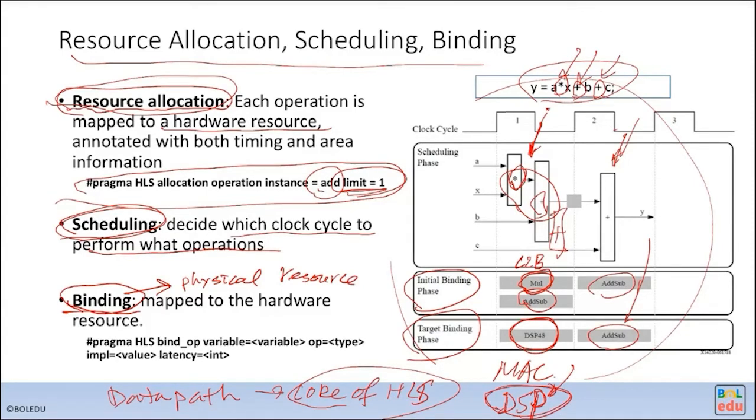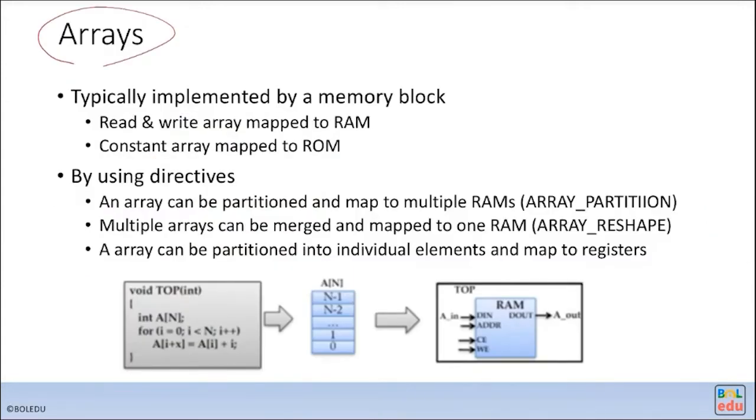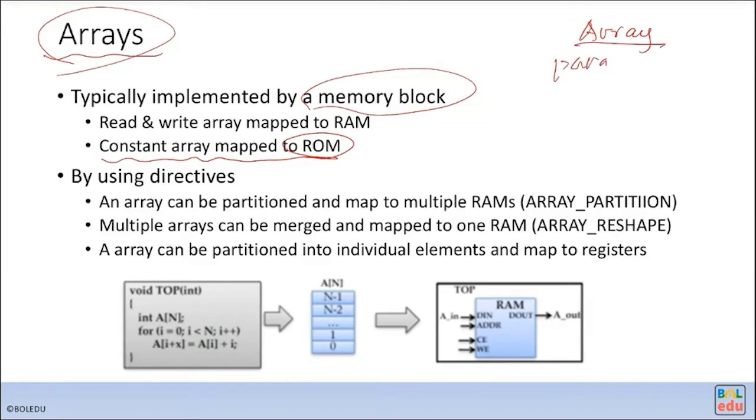Okay, array. In your C code you use a lot of arrays, and they are typically implemented using memory blocks. If it's a constant array, you map it to a ROM. And when you do parallelism, array often is a bottleneck, because array maps to RAM, right?